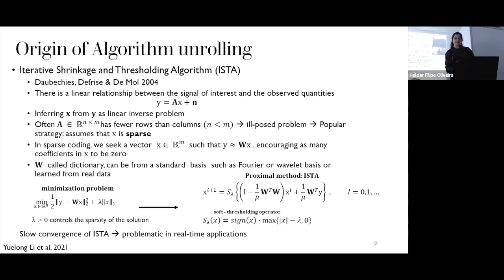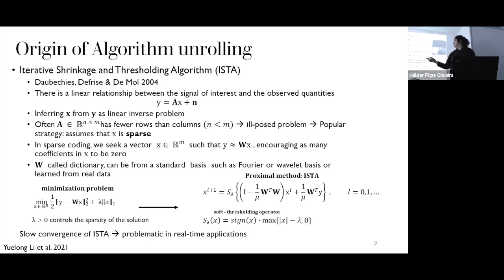But to be able to solve it, they assume that x is sparse, so almost all of the coefficients are zero, and they use W as a dictionary, like a standard basis such as Fourier or wavelets, but it can also be learned from data, which is what Gregor used.